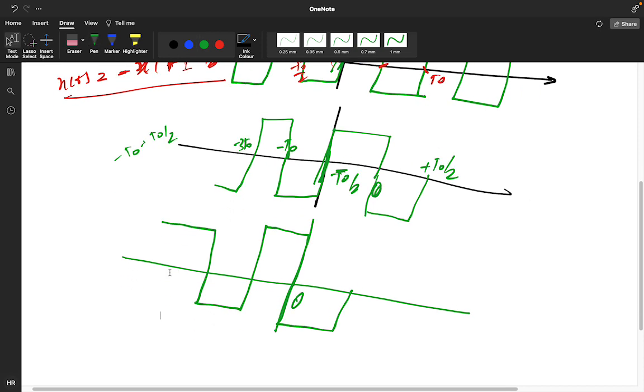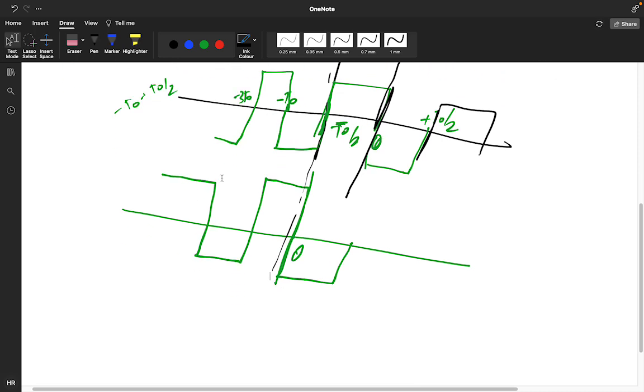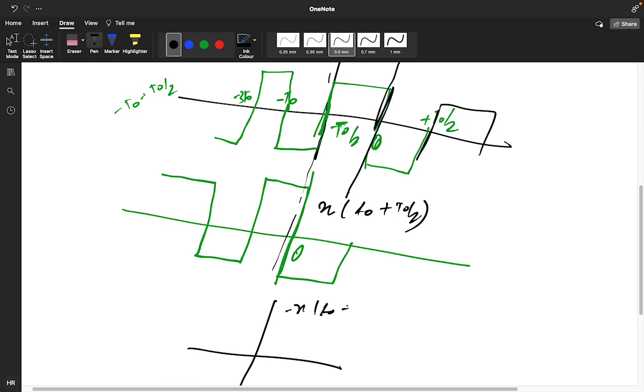I had drawn it with reference to this particular point. So this is my x of t plus t naught by 2. When I reflect this, meaning take the inverse, minus x of t plus t naught by 2, you will get the signal like this.